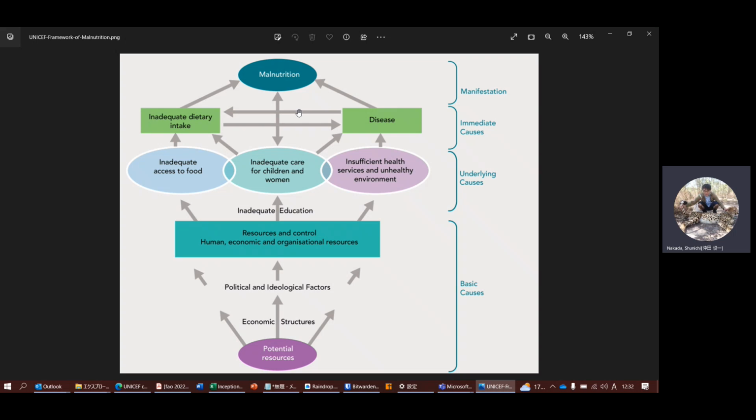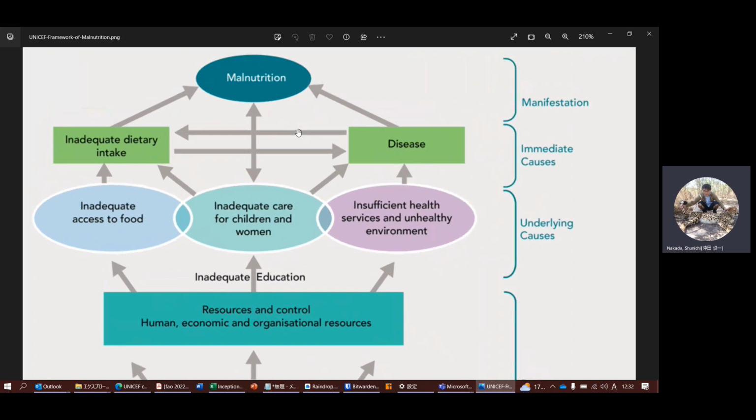As all of us understand, there are a number of causes for undernutrition or malnutrition, and this framework categorizes these factors into immediate causes and underlying causes.